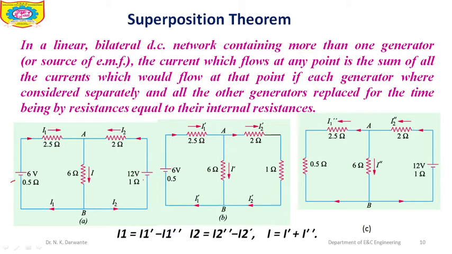Other sources means, for example, if we are using a voltage source, then we have to replace that voltage source by a short circuit, and if there is a current source, then we have to replace it by an open circuit, because the ideal equivalent resistance of a voltage source is 0, and the ideal equivalent resistance of a current source is infinity.